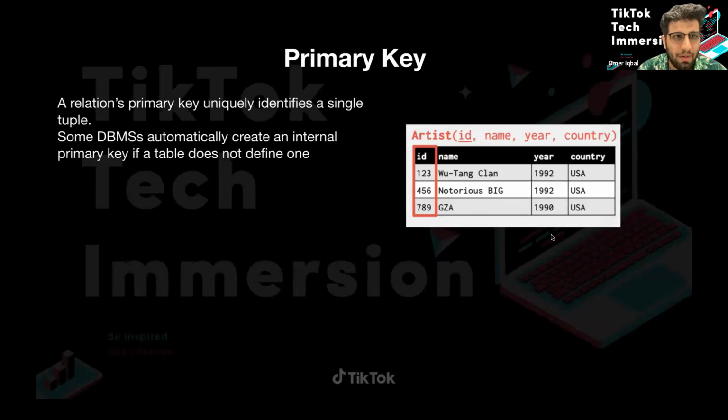Let's talk a bit more. One very important column, and some of you already alluded to this, in a database is called a primary key. A primary key's responsibility is to uniquely identify a single tuple or row. Many databases will give you the ability to automatically create an internal primary key if the table does not define one, which depends on the database.